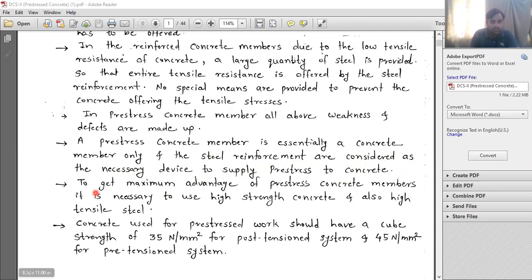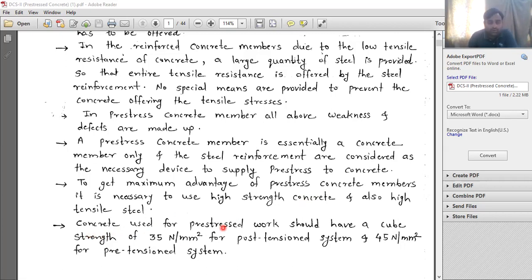Now, to get the maximum advantage of prestressed concrete members, it is necessary to use high strength concrete and also high tensile steel.